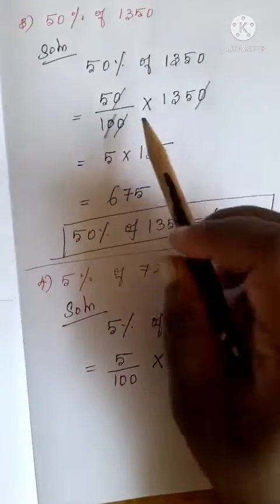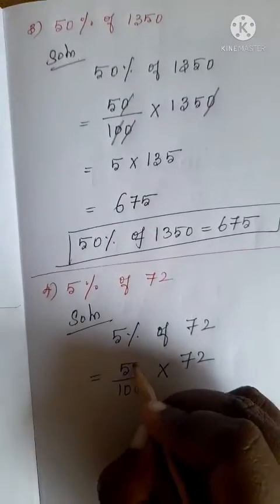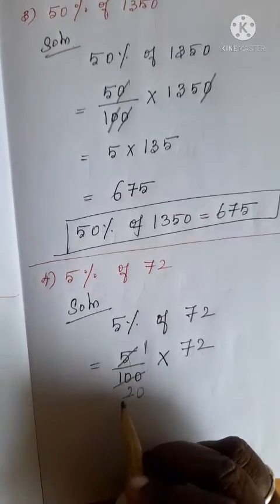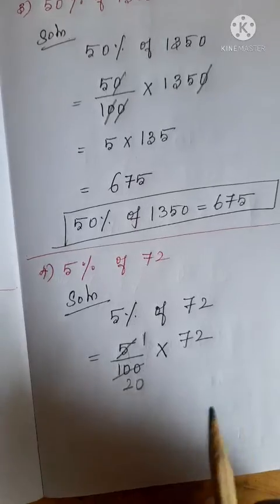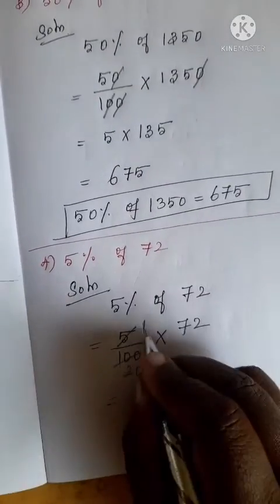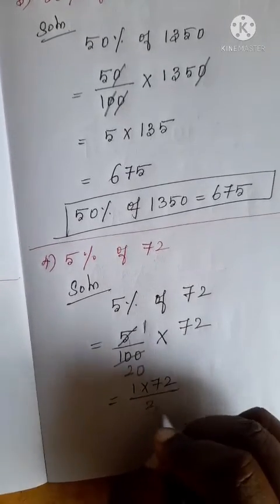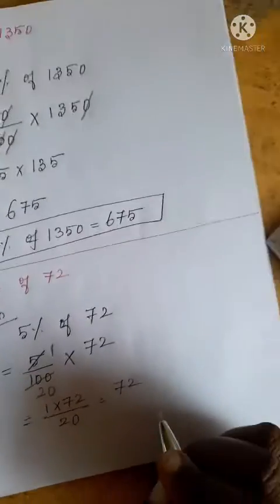In the previous sums, all had 0 so easily we cancelled. In this sum you see here, 1 5 is 5, 20 5s are 100. So 20 5s are 100. So what is remaining for you? 1 into 72 by 20. So 1 into 72, 72.